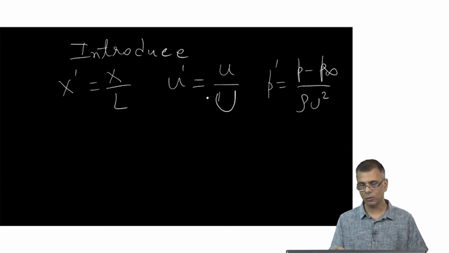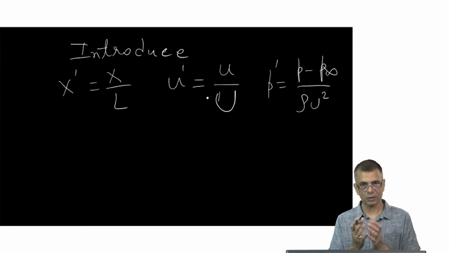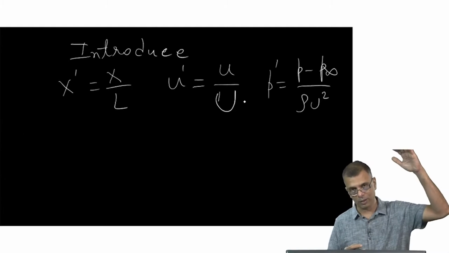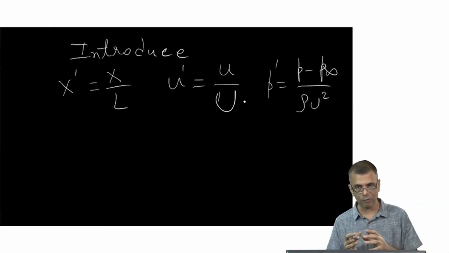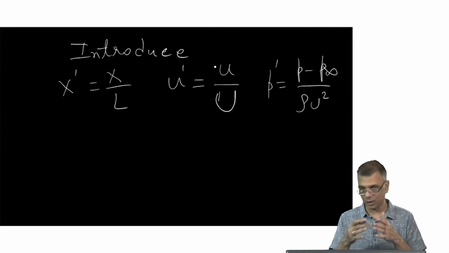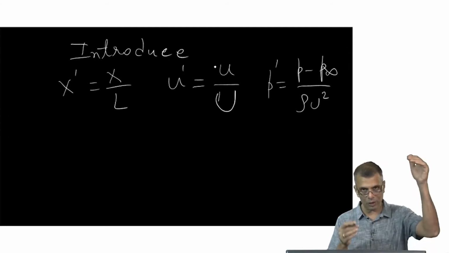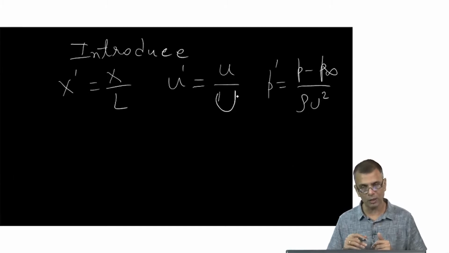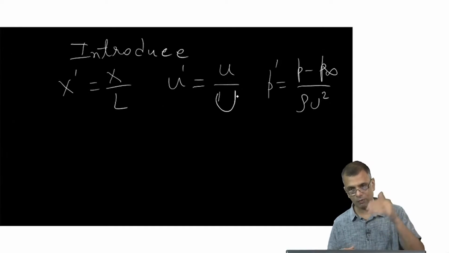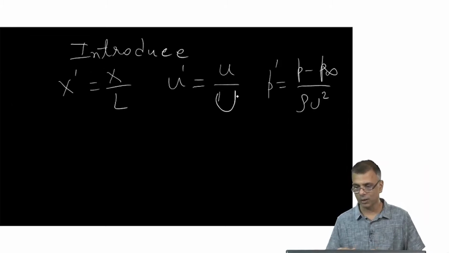If you're talking about flow around a sphere, U would be the undisturbed velocity far away from the sphere, where the sphere has little influence on the flow. So you non-dimensionalize the velocity everywhere, close to the sphere as well as far away, with this quantity capital U, the velocity of the fluid far away from the sphere.